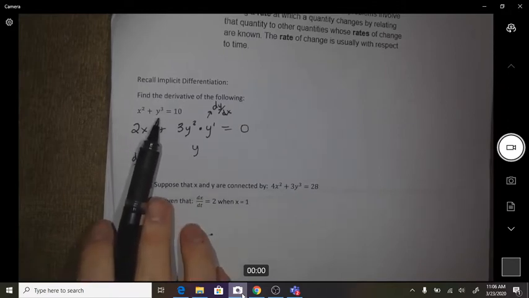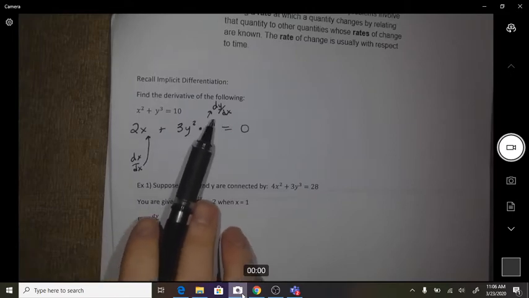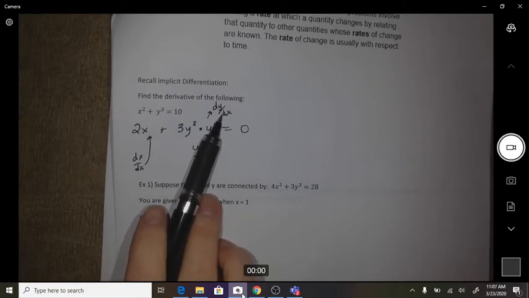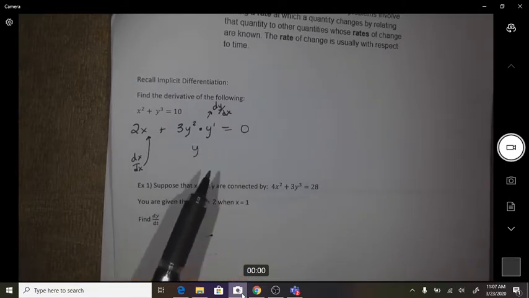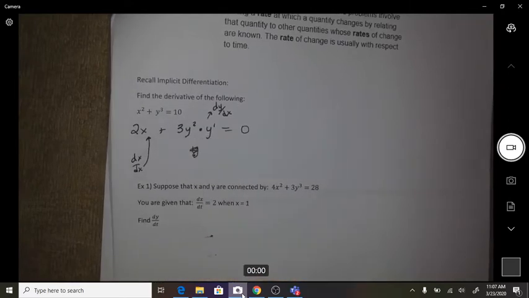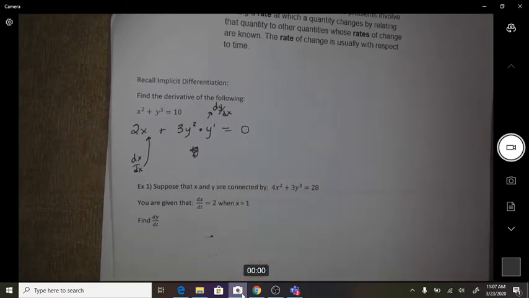And then if you differentiate this, 3y squared, now we've differentiated a term that's got a y in it with respect to x. So we do have to put that beside it, but we have shortcutted it so that it looks like y prime. And then differentiating a constant, we get 0.